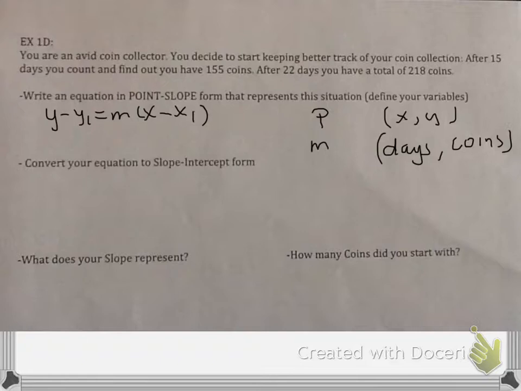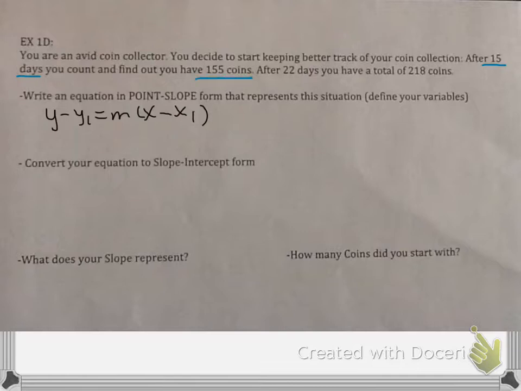Alright, so let's try this. I'm going to erase this so we can see it a little better. I want to identify my points. It looks like I got 15 days and 155 coins. That's a terrible 155.